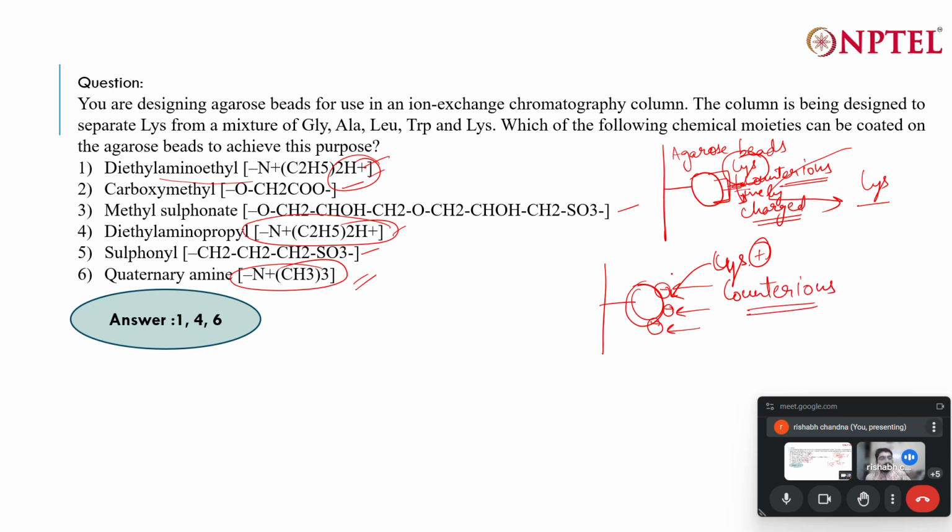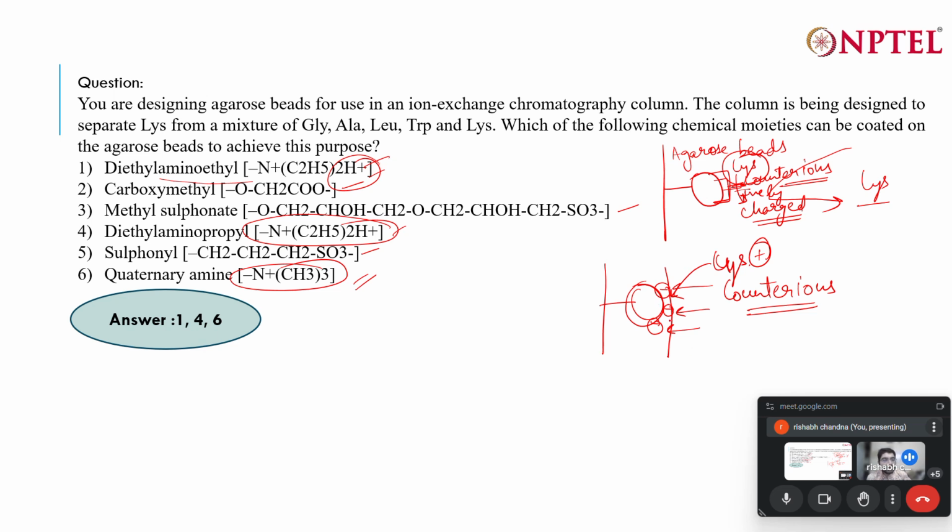Because these moieties can interact with any positively charged molecule that comes their way. In that scenario, the lysine that we have to separate out from the mixture will not have any space because of steric hindrance, so it will not be able to bind if other charges are bound to it.